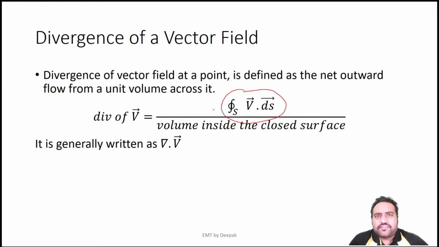This is quite obvious. If I know the cost of 10 pens, I can calculate the cost of 1 pen. It is represented as del dot V bar, where the del operator in the Cartesian coordinate system would be, okay, let me derive that expression for the Cartesian coordinate system and I'll tell you the expression later.